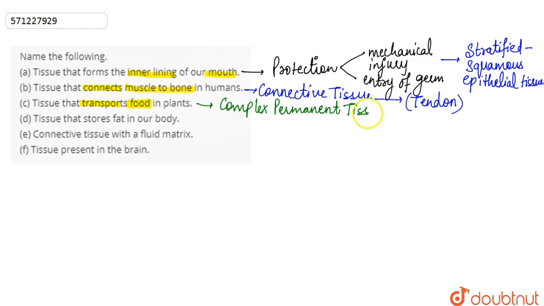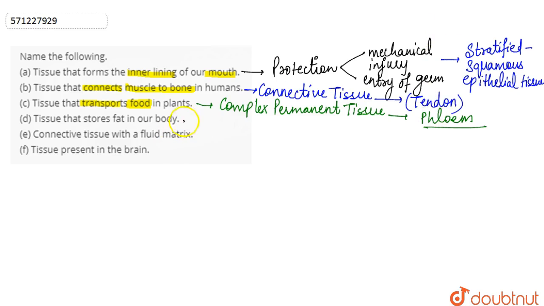But here we have to say that the complex permanent tissue are of two types, the xylem and the phloem. Xylem transports the mineral and the water, whereas food in plants is transported by the phloem, right? So the tissue that transports food in plant is the phloem.